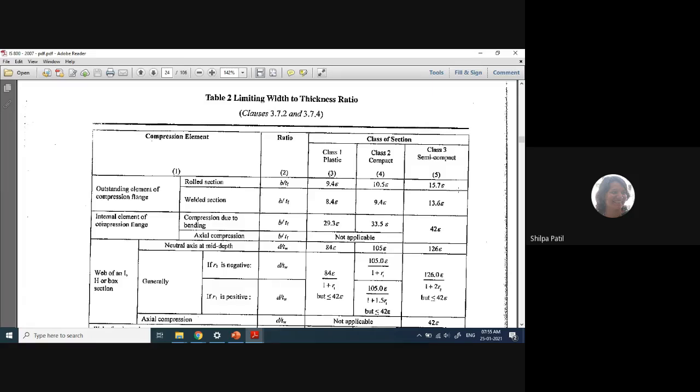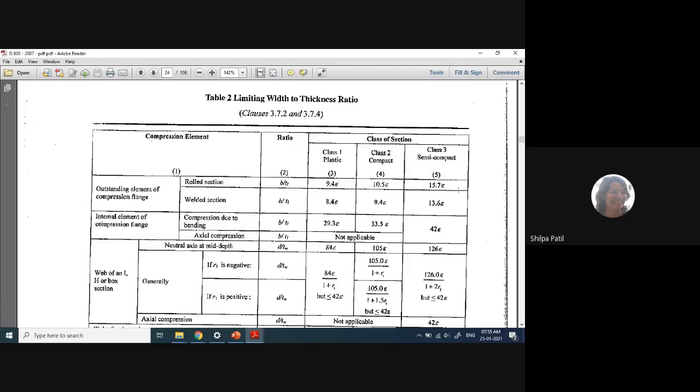So these sections are slender, and the other three types we have already discussed. The plastic sections carry the moment equal to the plastic moment, have the capacity to develop plastic hinges, and the rotation at the plastic hinge also takes place, and then the section fails.